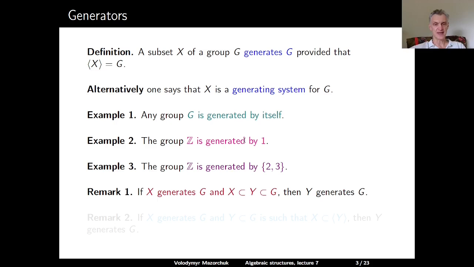If some subset X of G generates G, and Y is a subset of G which contains X, then Y generates G. Second remark, if some X generates G, and Y is a subset of G such that X belongs to the subgroup generated by Y, then Y generates G.